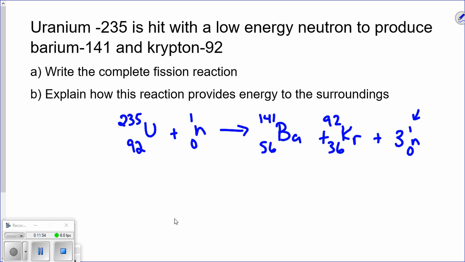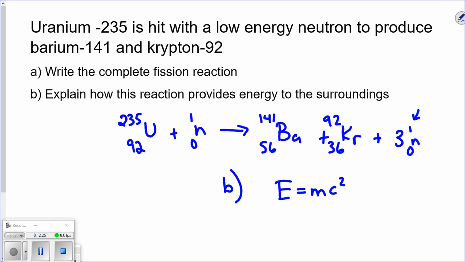Okay, in B, it's asking me just to explain how this reaction provides energy. This is actually something from the next section, but just so you know, the energy is supplied whenever we convert mass into energy, and the formula that converts mass into energy is probably one we've discussed before, but you've never actually used to calculate anything.